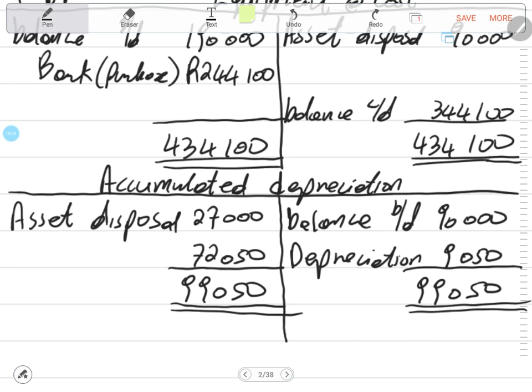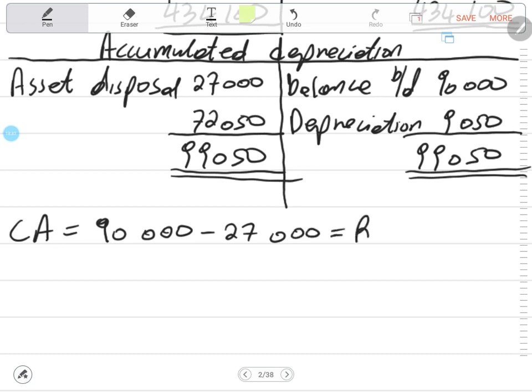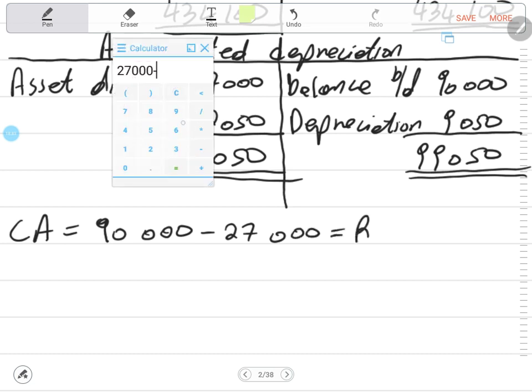Now that we have discovered the accumulated depreciation for the sold equipment, we can say the carrying amount of the equipment is the cost price of 90,000 rands minus accumulated depreciation of 27,000 rands. This will give us the carrying amount for the sold equipment, which cost the company 90,000 rands. So 63,000 rands is the value of this equipment on the date it was sold.